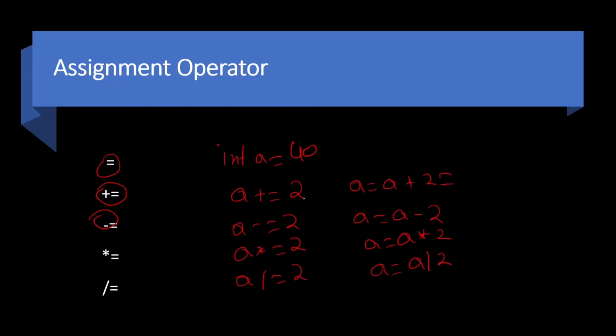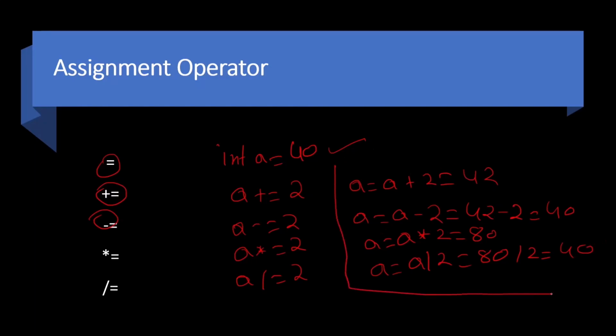Here you can see a is 40 plus 2 is 42, and here 42 minus 2 is equal to 40 again, and 40 into 2 is 80, and 80 divided by 2 is again 40. When we perform these operations sequentially, we get the exact value that we assigned.